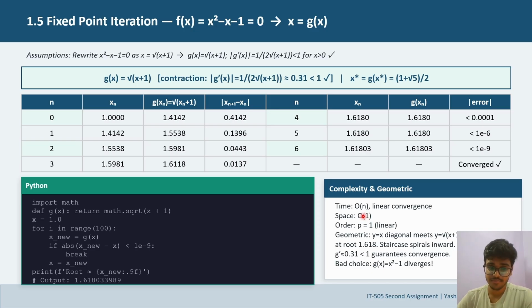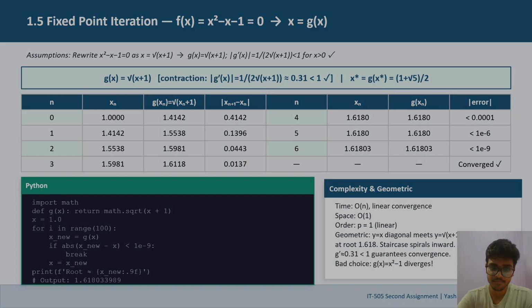If I had chosen a different g, for example g of x equals x squared minus 1, the derivative at the root would be greater than 1, and the staircase would spiral outward, that is, diverge. The choice of g is everything. The time complexity is O of n with linear convergence, and the space complexity is O of 1.